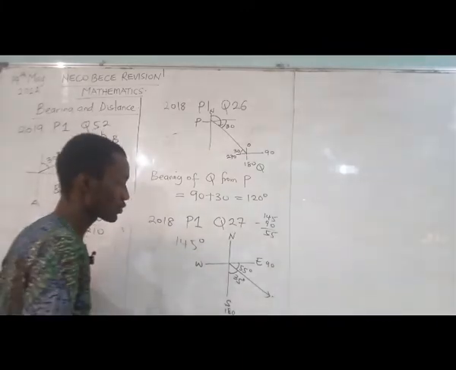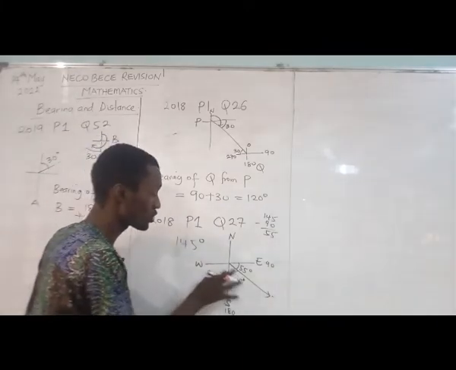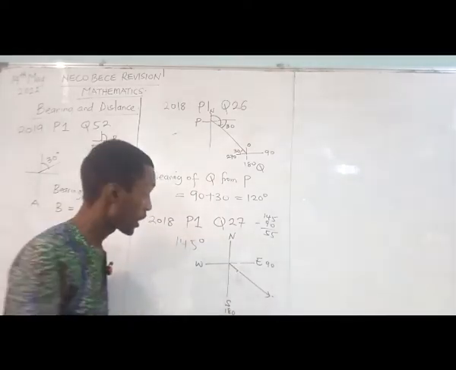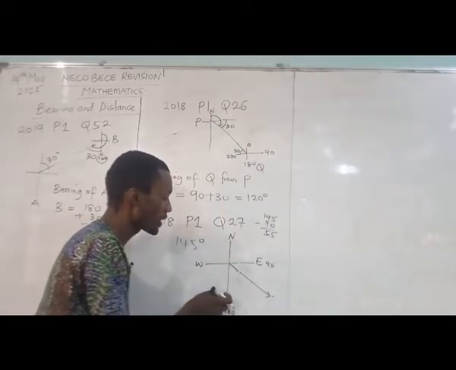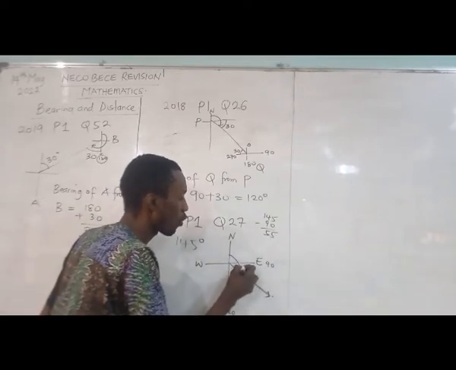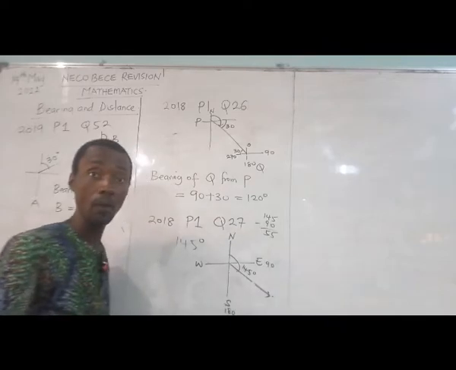Another method I can suggest for you to use is this. They said 145 degrees, is that not? 145 degrees will be between here and here. So I can just draw this arrow out and say the whole of this angle is 145 degrees. Are we together?